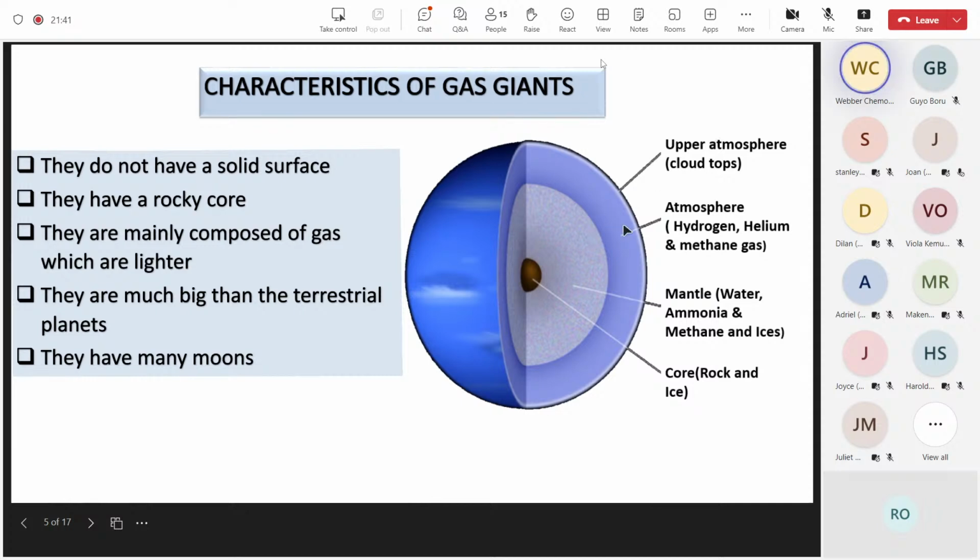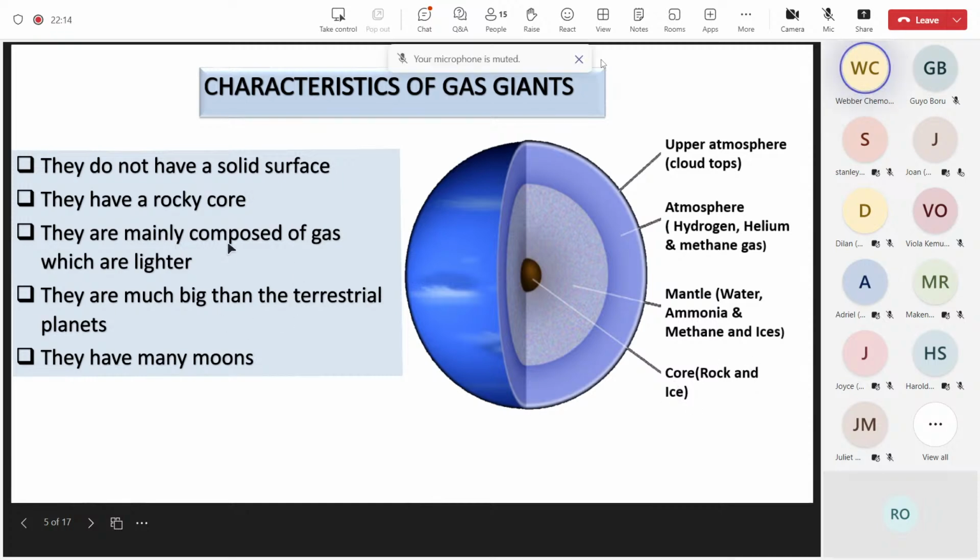From the diagram, the gases include hydrogen, helium, and methane. That is what makes the atmosphere of the gas giant planet. You also see that the mantle is made of water, ammonia, and methane, and also ices. And the core is rock and ice.